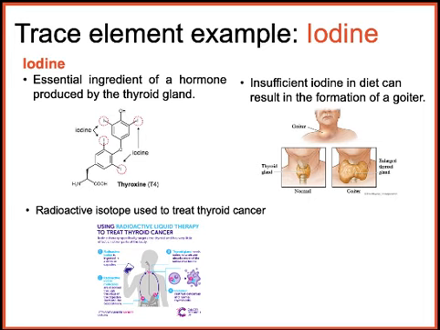So it'll basically kill the thyroid, right? This is interesting because it's very targeted. Iodine is not used, from my knowledge, anywhere else in the body necessarily. It's really just for this one purpose of making this thyroxine, okay?